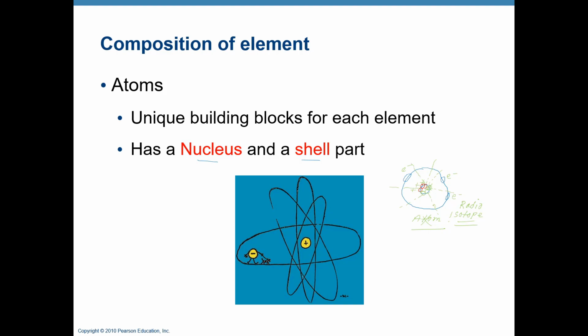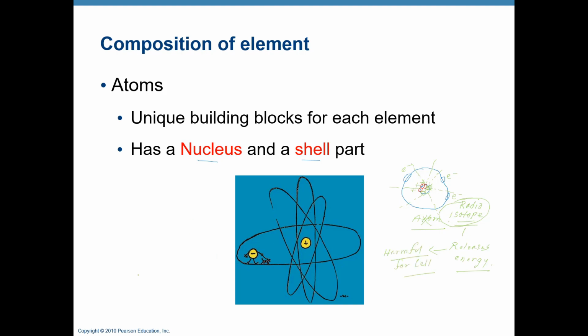But if the nucleus radiates, emits or releases energy or radiation, that is a radioisotope. That radiation could be very harmful for the living cell, can kill the living cell.